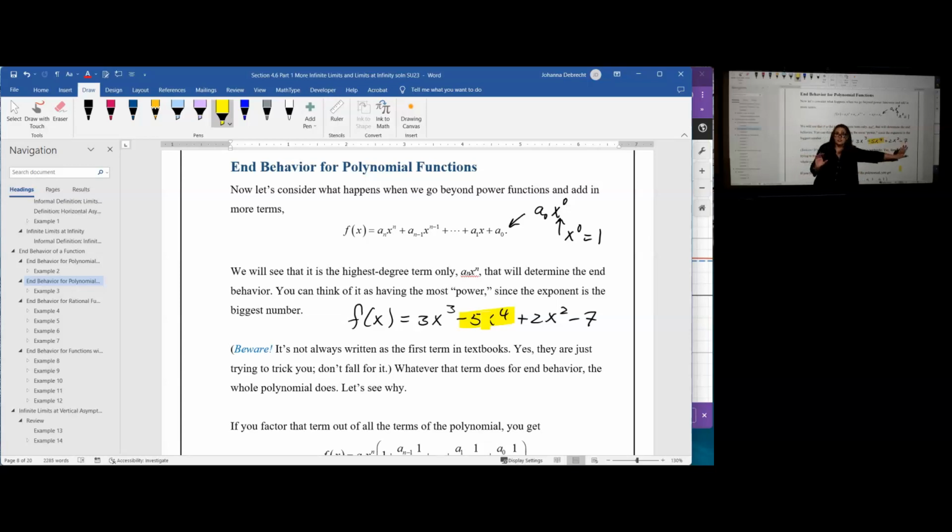As x approaches infinity and as x approaches -infinity, this polynomial is going to approach the graph of just the highest degree term, -5x to the 4th, like an asymptote. Now, the lower degree terms do have an effect, but they are not what determine the end behavior. That's determined by the highest degree term. Now, let's see why this is true.